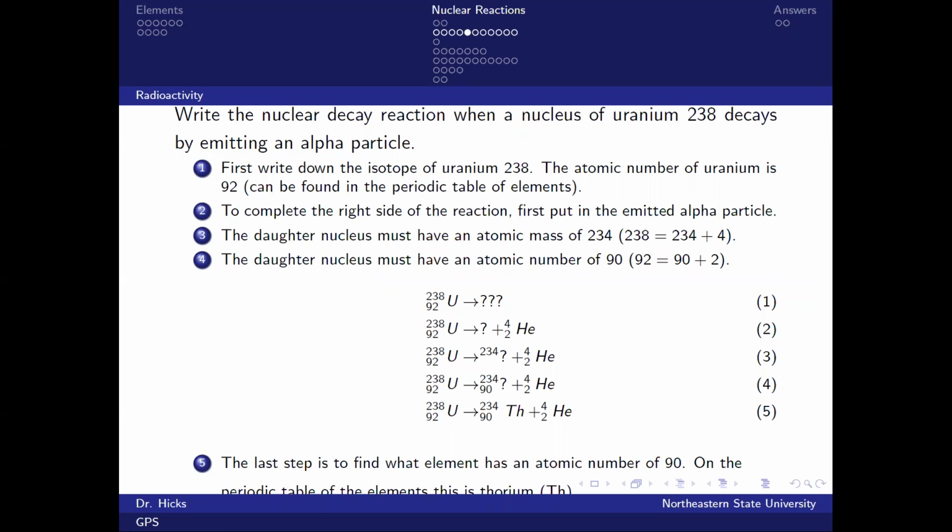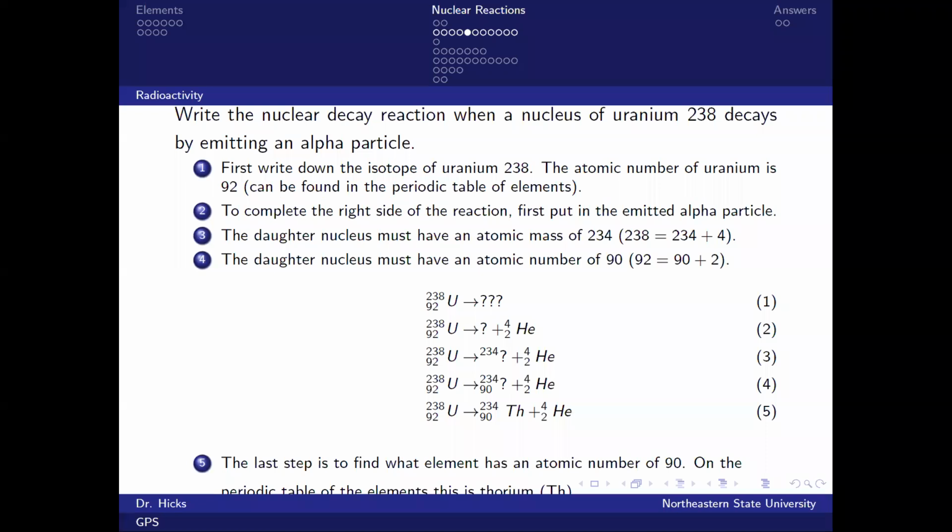So let's figure out what happens when the nucleus of a uranium-238 decays by emitting an alpha particle. The first thing we have to do is write down the isotope of uranium-238. The 238 is the atomic mass, so that's the bigger one. It's not the atomic number.